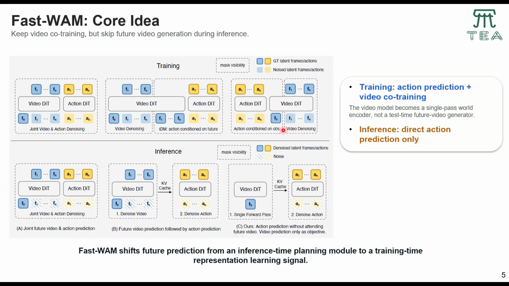In this way, it keeps the training benefit of world modeling, but avoids the test-time generation cost.